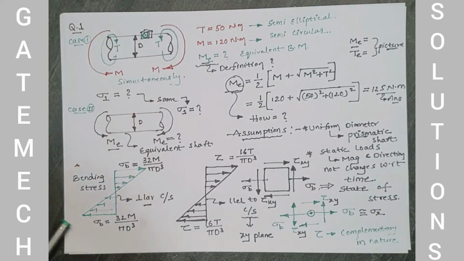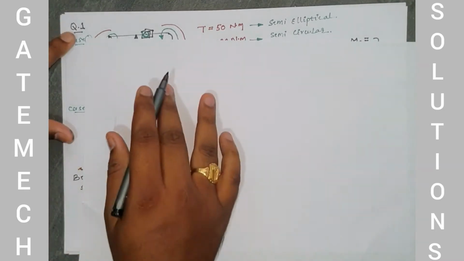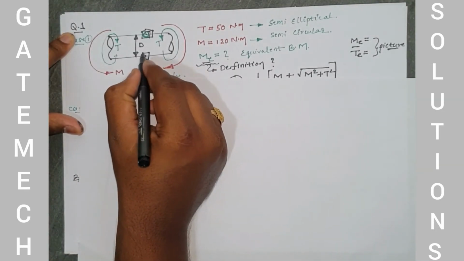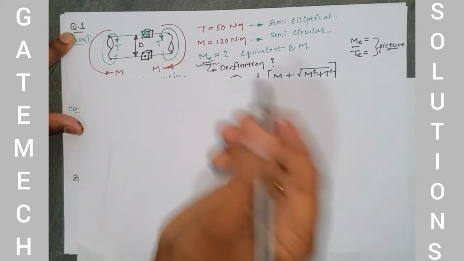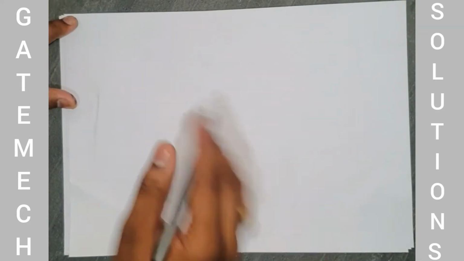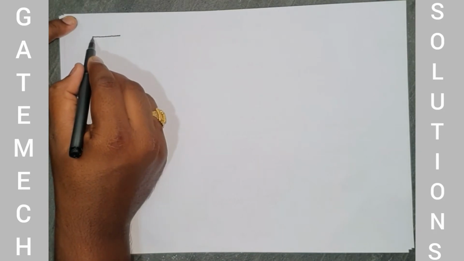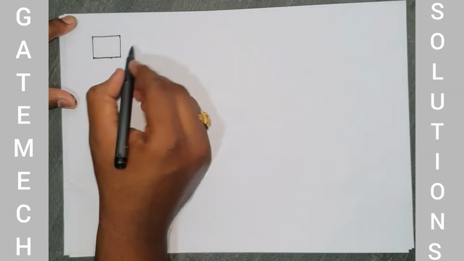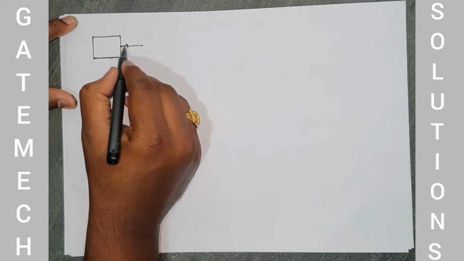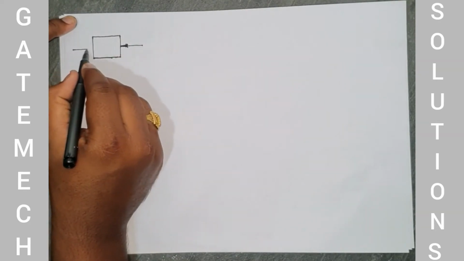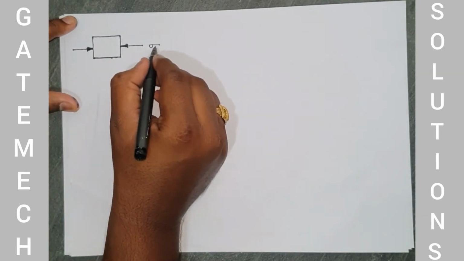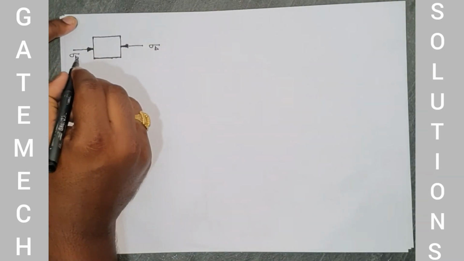Stress representation. For example, if you take the state of stress of any point on the bottom fiber, in 2D manner I am representing, only one plane I gave. As we already know, the bottom fibers are subjected to compression, the top fibers are subjected to tension. Sigma b, sigma b.